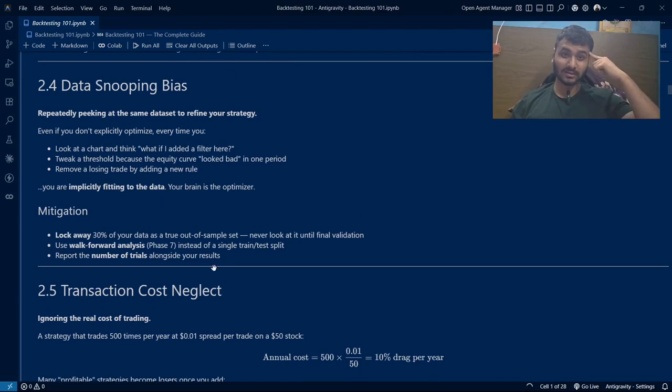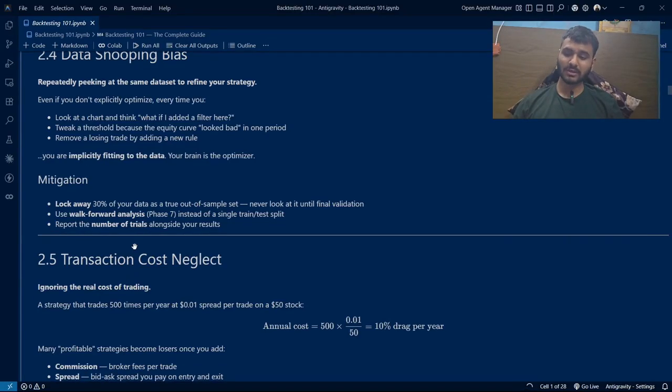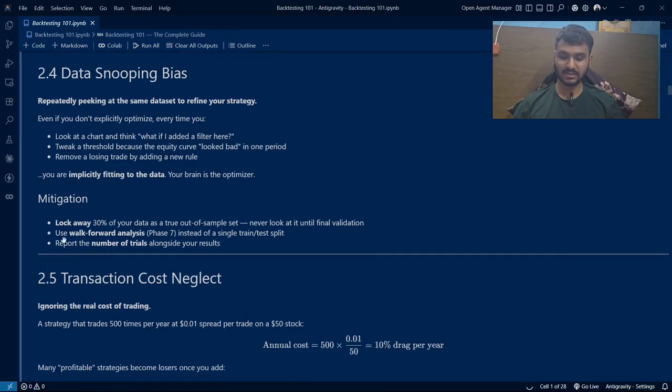It's all in here. Everything that can create a good strategy is right in here. You have to train this, help it with conceptual knowledge in quantitative finance. Now, how you can mitigate data snooping is: lock away 30% of your data as a hold-out data set, use walk-forward analysis, or report the number of trials alongside your results.